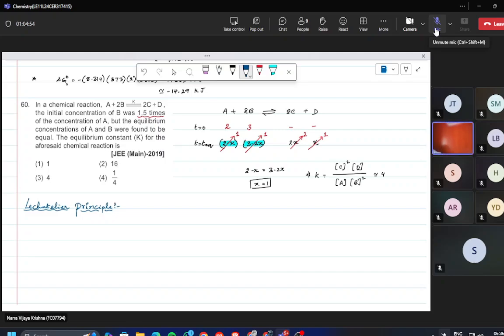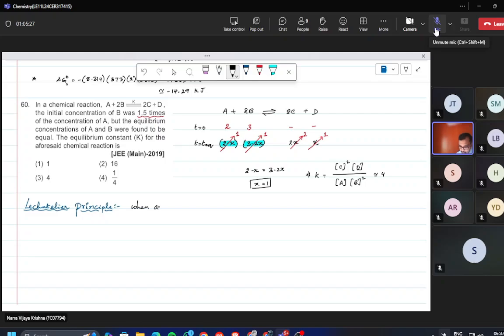If I disturb an equilibrium, whatever I am trying to do to equilibrium, it tries to nullify it. If I am trying to increase, equilibrium tries to decrease. Whatever I try to do, equilibrium tries to nullify the disturbance I created. Clear? So I am writing that into a statement.